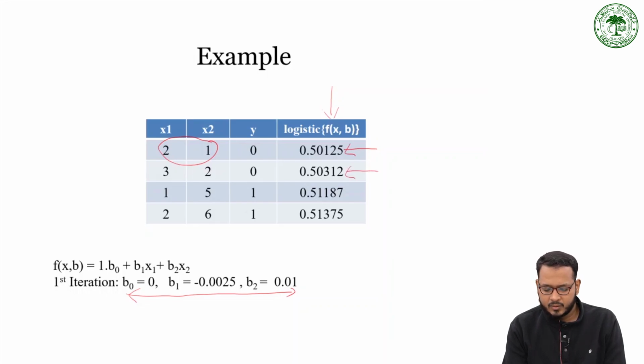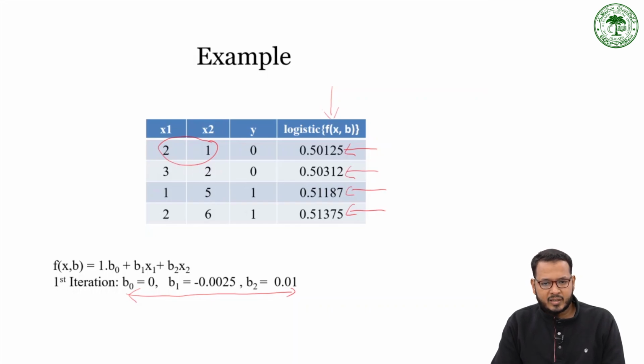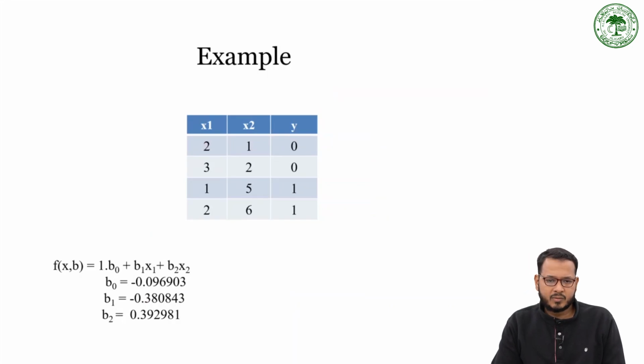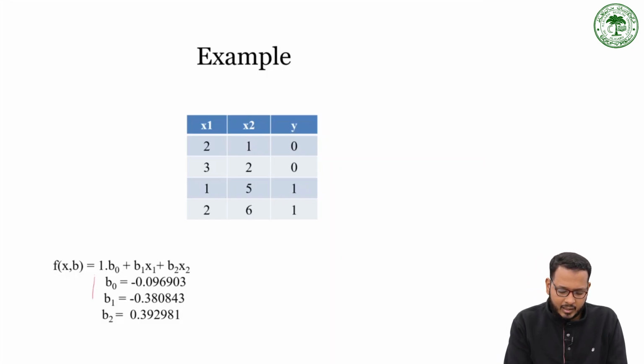Now we have a different set of values. We will continue with the same process again and again for a maximum number of iterations. When we do it enough times, we realize that after a certain number of iterations, the values of the BIs are not changing and they have reached a saturation point.